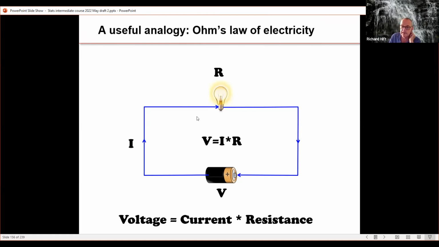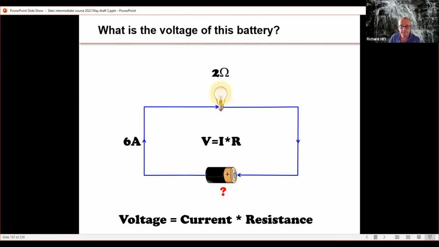This light bulb has resistance. The effect is that when the electricity goes through that resistance, heat is given off. And it's that heat that turns a wire white hot to give the actual light that comes out of the light bulb. So if we know any two of these three, we can calculate the third, such as this.